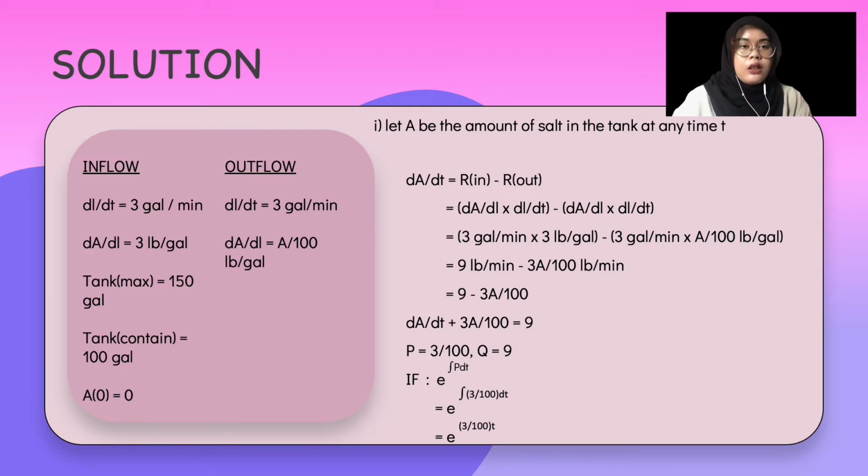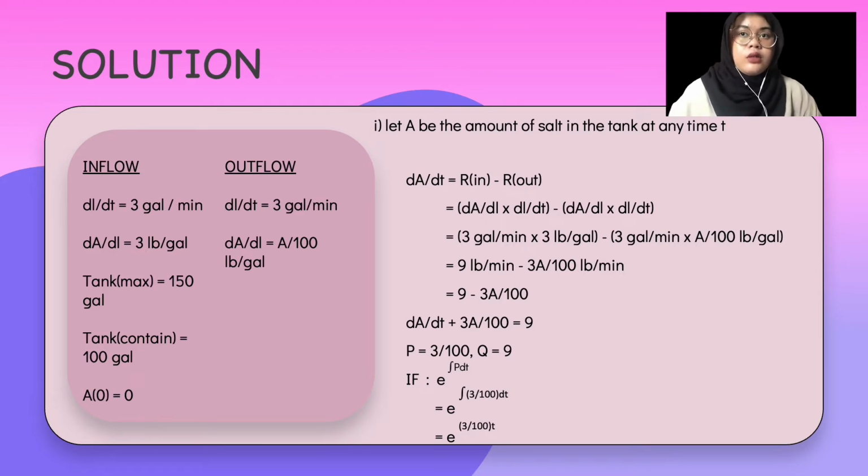Question 1 is: let A be the amount of salt in the tank at any time t. So dA/dt is R inflow minus R outflow. R inflow is dA/dL multiplied by dL/dt, and minus the outflow, which is dA/dL multiplied by dL/dt.